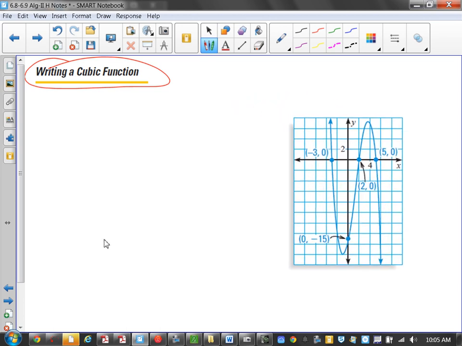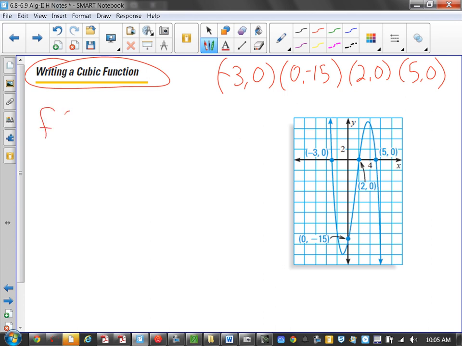So my ordered pairs are negative 3, 0, 0, negative 15, 2 and 0, 5 and 0. I want to write out the function. I want to know what f of x is equal to.